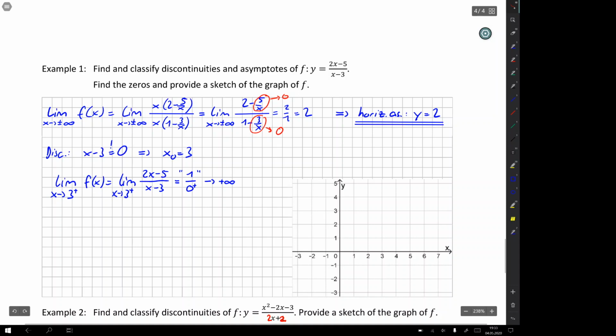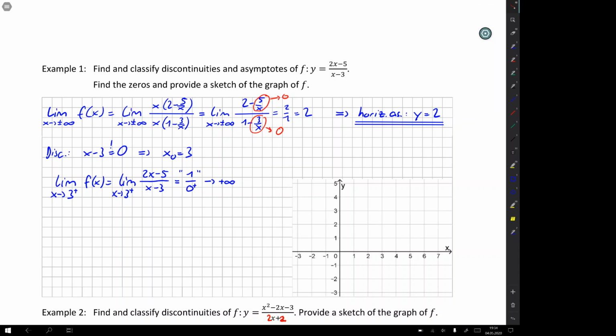When we look at the limit for f of x when x is approaching 3 from the positive side, we insert that in here and we find the numerator is actually 1, the denominator is 3 plus, so something larger than 3, minus 3, so we get something larger than 0 but small, so the whole thing goes off to plus infinity.